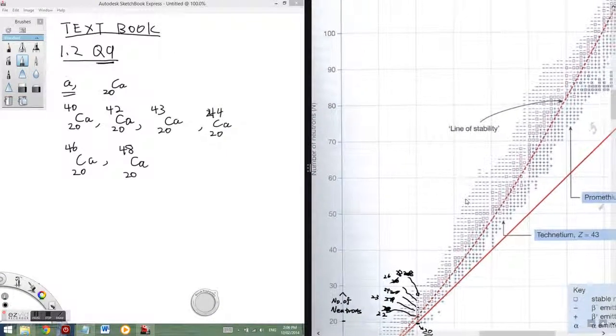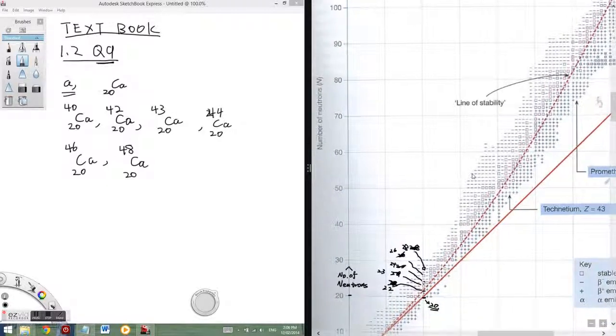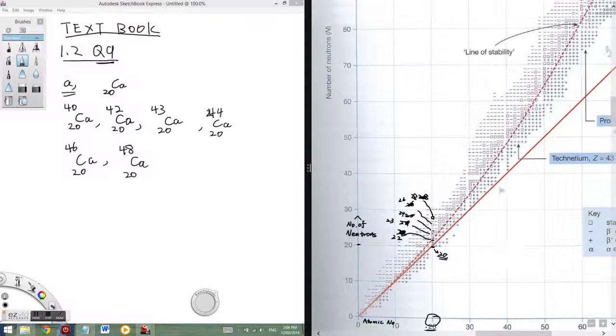It's really hard to read. Basically we have 40 here, and 41 should be this line down there. Let me just write this down.